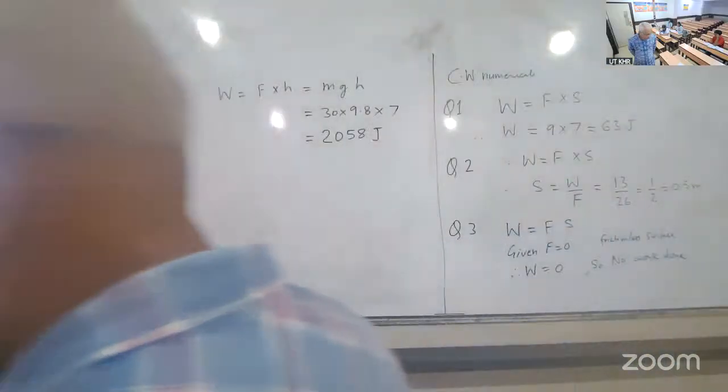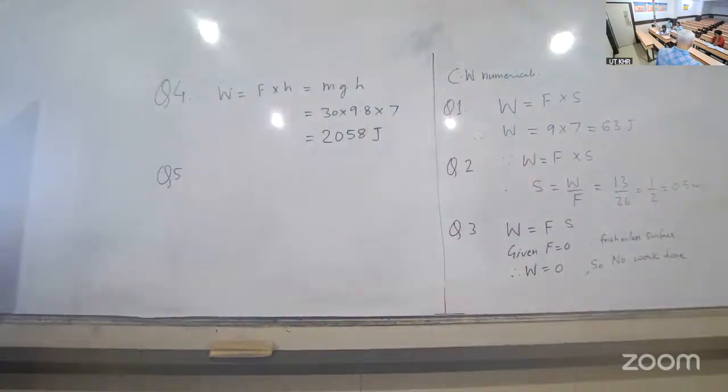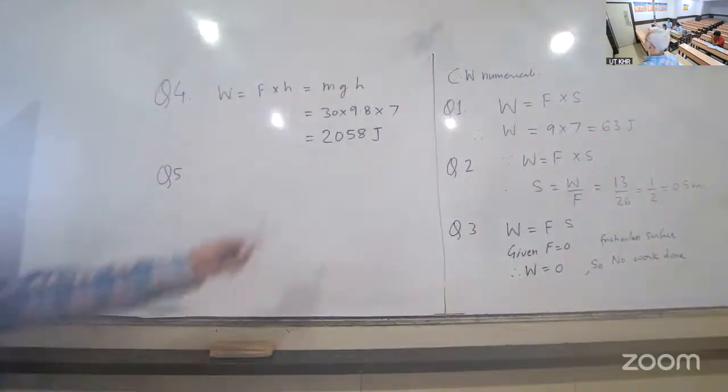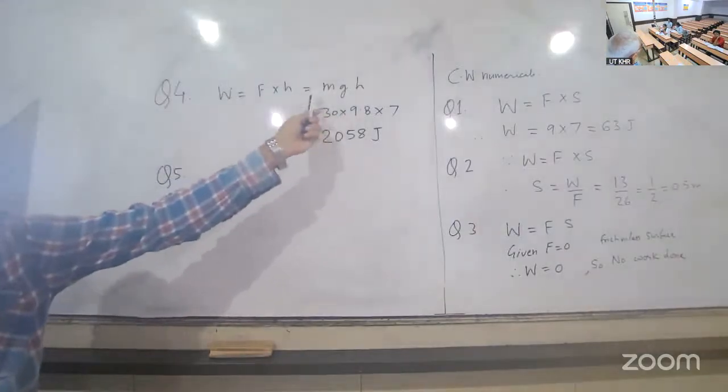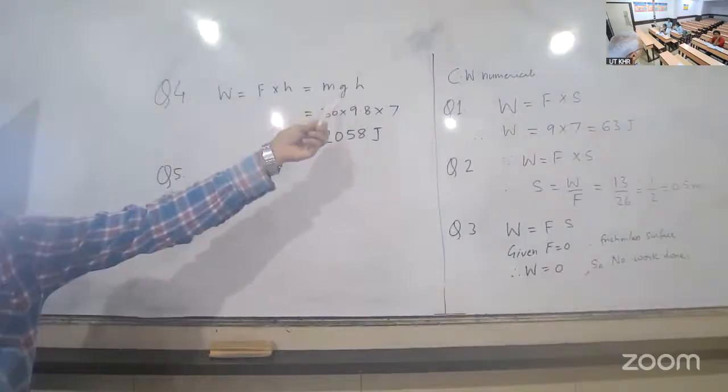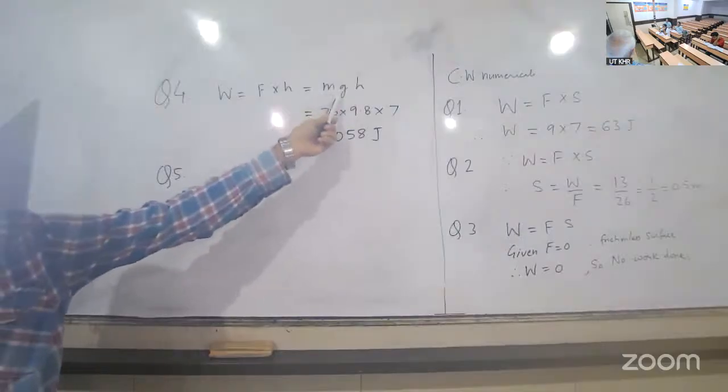How to do question 5? What is given? 400 Newton is what? The weight. What is weight? mg. mg is given now.